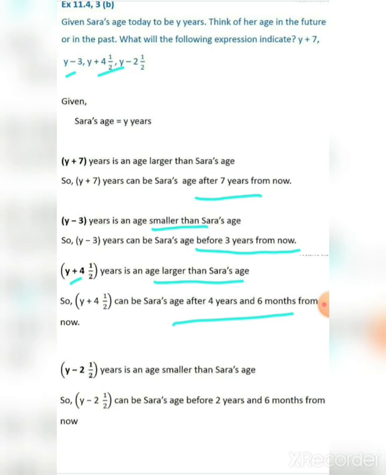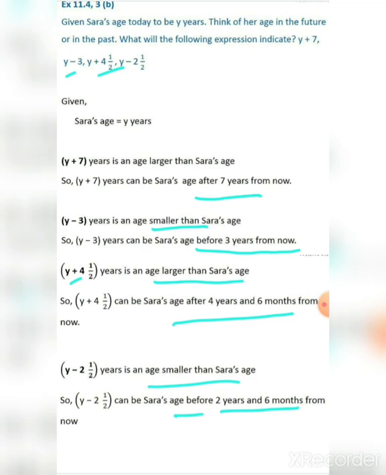Then Y minus 2.5. So it is an age smaller than Sarah's age, and it is 2 years and 6 months before. Half a year is 6 months. So it is her age 2 years and 6 months ago, or past age, you can say.